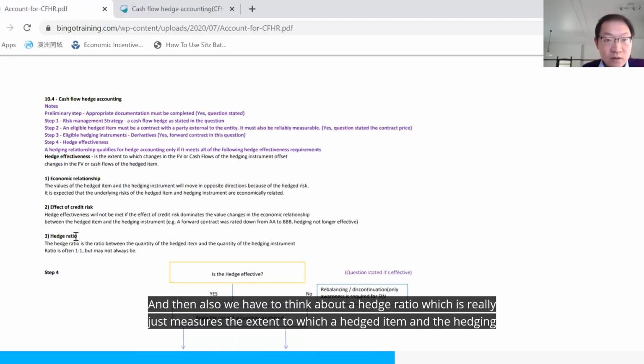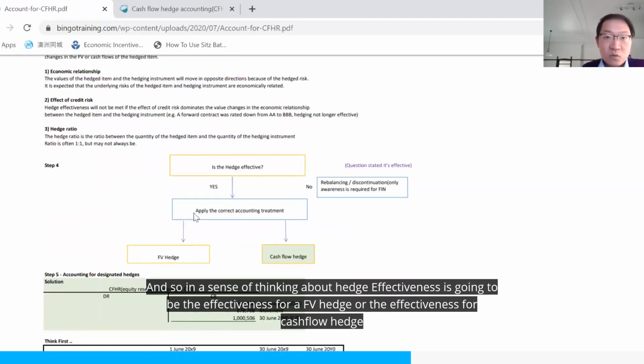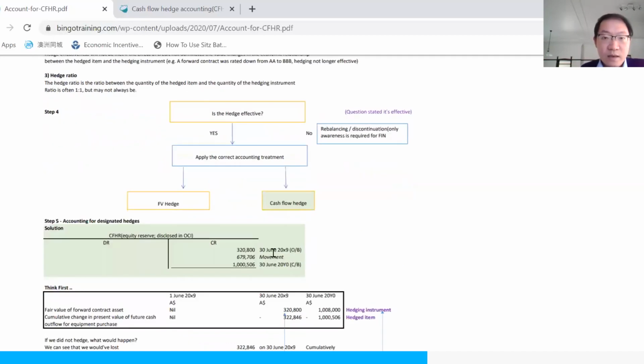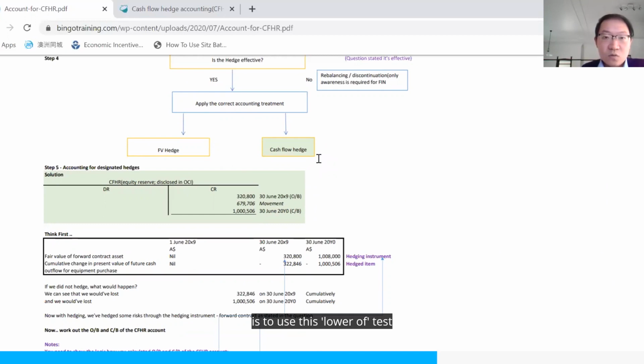And then we also have to think about a hedge ratio, which measures the extent to which the hedged item and the hedging instrument may offset one another. There's hedge effectiveness for both a fair value hedge and a cash flow hedge. The main rule when we deal with hedge effectiveness for a cash flow hedge is to use the lower of test.